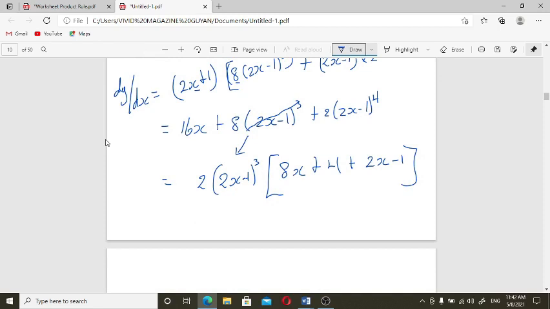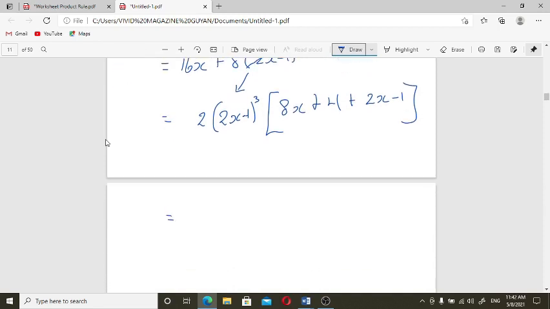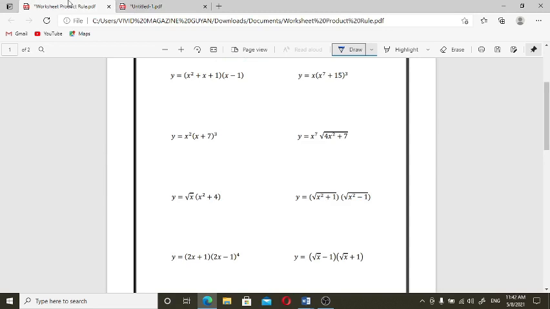So this is going to give me 2 of 2x minus 1 to the 3rd power. In my bracket here, 8x plus 2x is 10x. 4 take 1 is going to give me 3. And that's it. I think it's one more question.